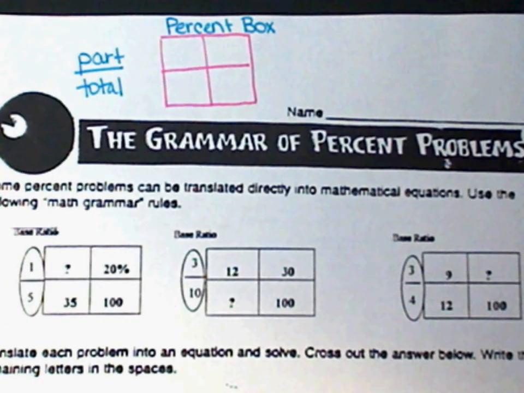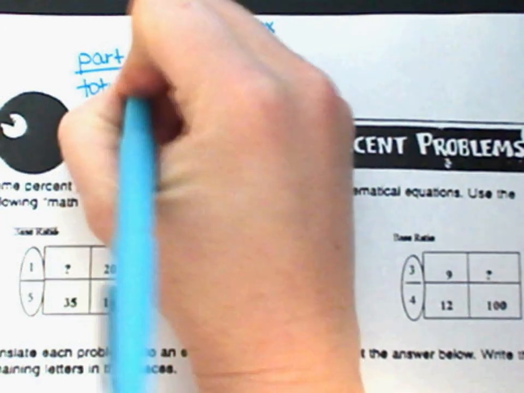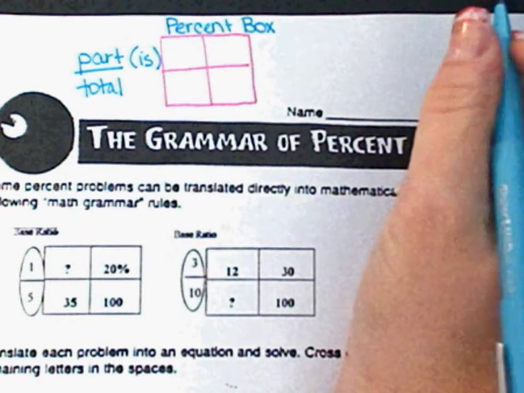Not all problems are going to give us an obvious part over total, so we're also going to use keywords. A keyword that means part would be "is," and total would be "of."